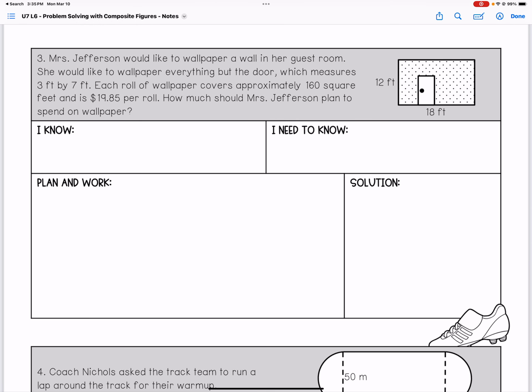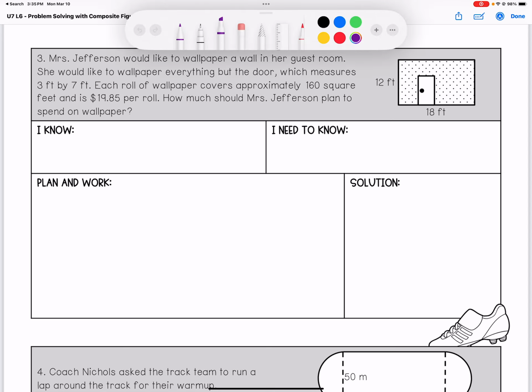Miss Jefferson would like to wallpaper her wall. Well, who uses wallpaper anymore? She'd like to wallpaper everything but the door, which means that the door is 3 by 7. All right, so she wants to do everything but the door, which is 3 by 7.